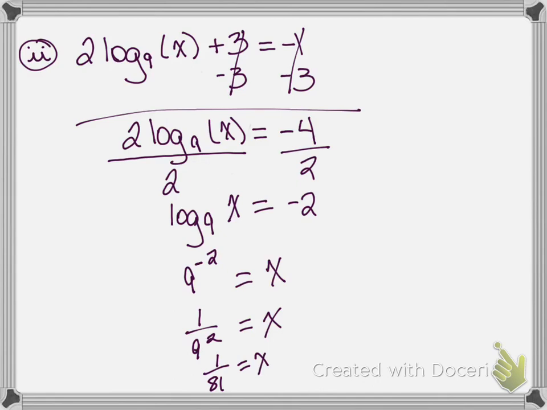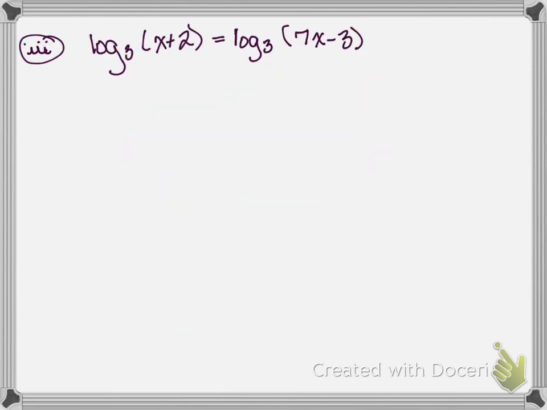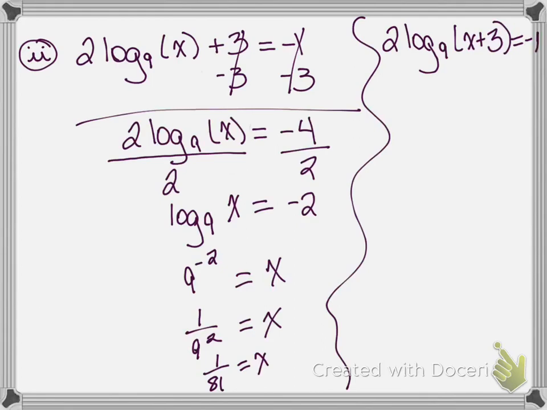Now, the way I interpreted it, which was not how the author intended it, I interpreted it as 2 log base 9 of x plus 3. And we didn't have those parentheses in there, and so that's why those parentheses are so important, because if they're not there, we make assumptions, and that's my fault.